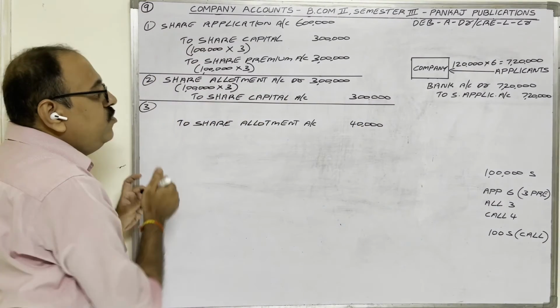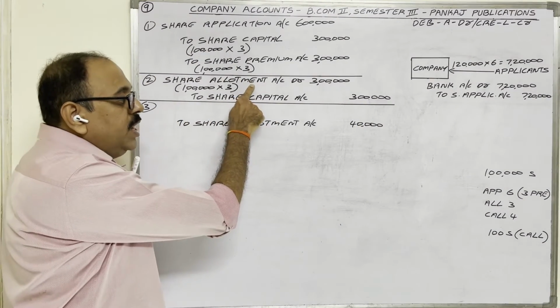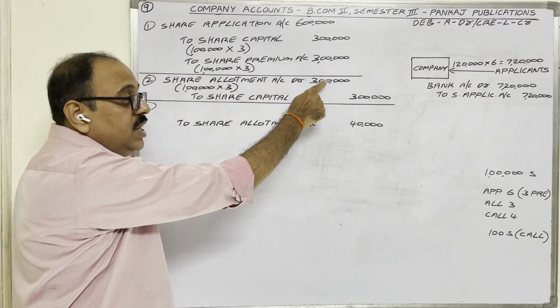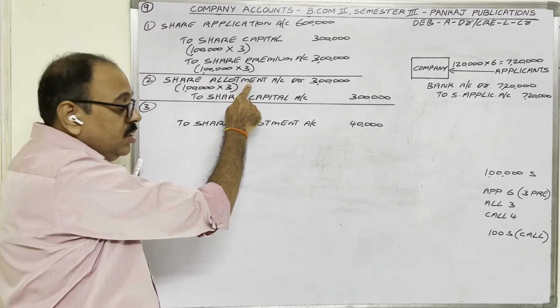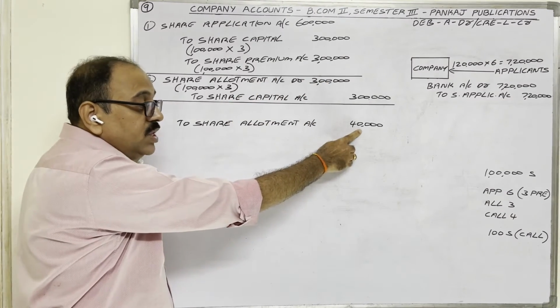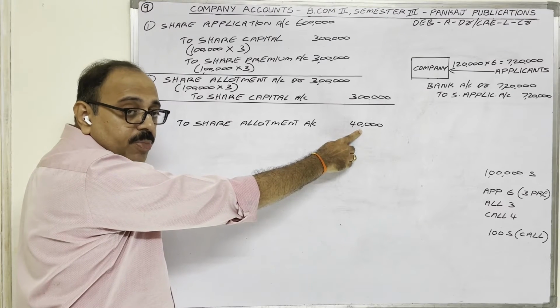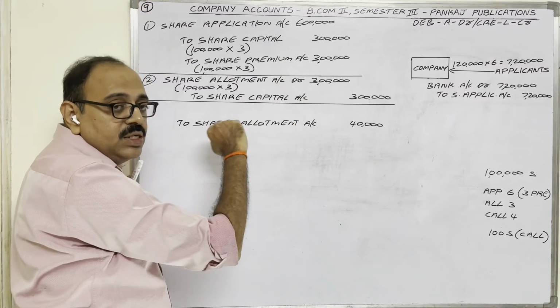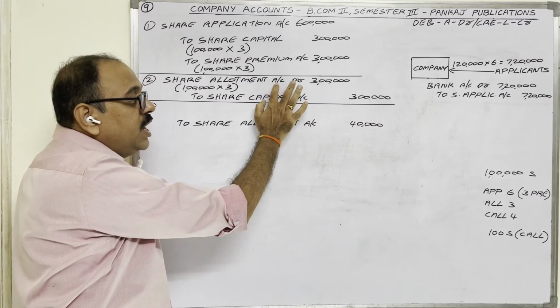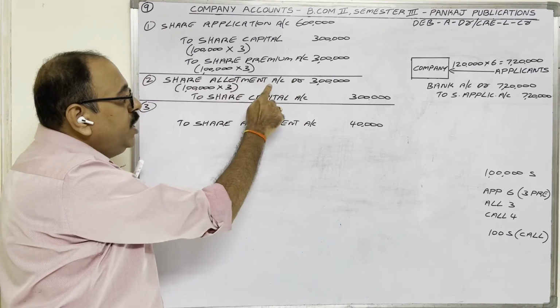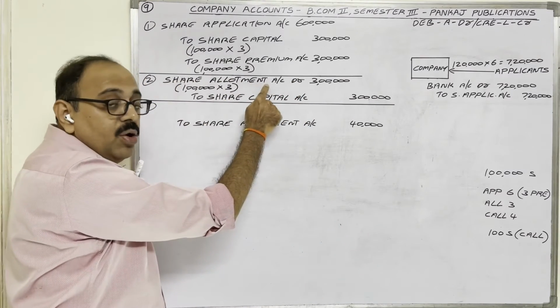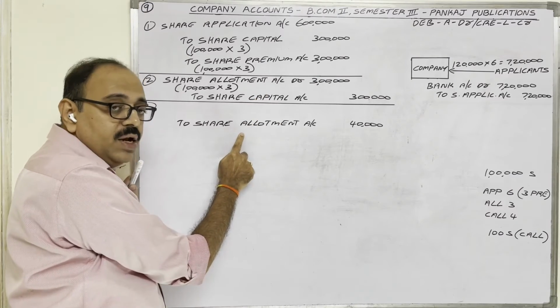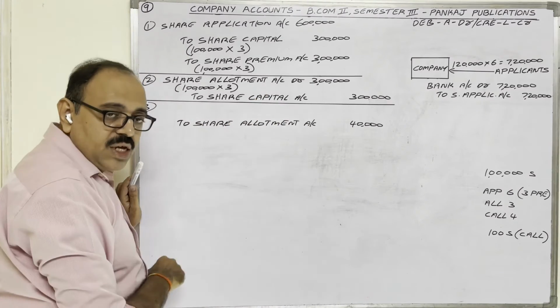In the second entry we wrote that from applicants 3 lakh rupees should come. They are debtors for 3 lakh rupees. Now, for 40,000, they are not debtors. They need not pay because from application we are adjusting that. That 40,000 debtor we have to cancel. By debiting, we have created the debtor account. If you want to cancel, you have to credit. That is why share allotment account is credited.